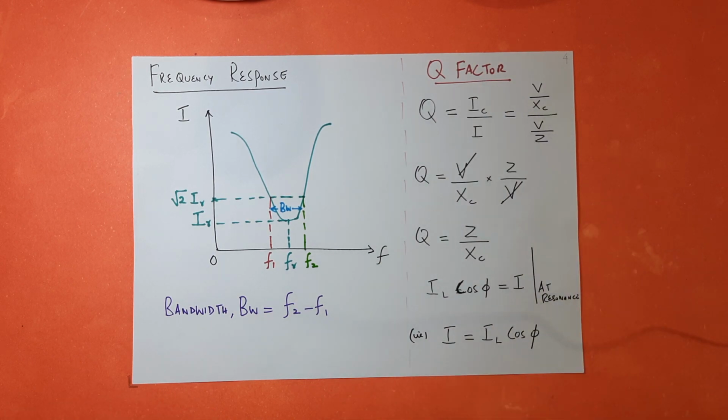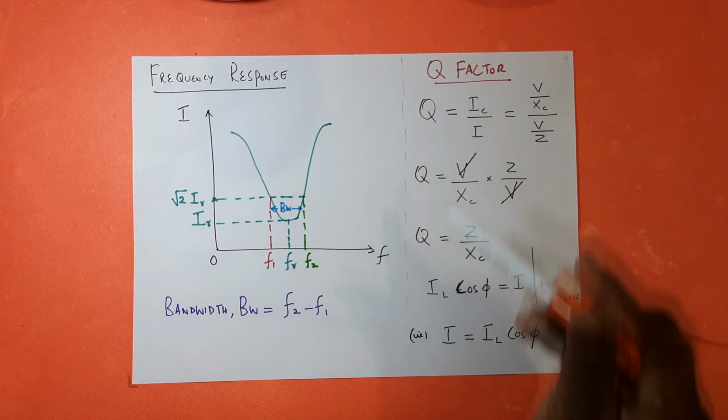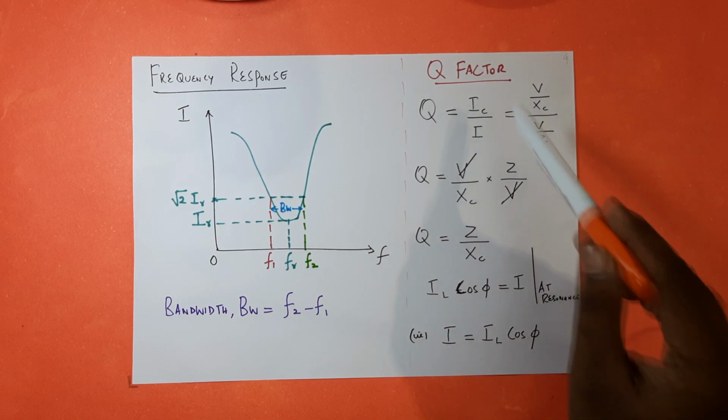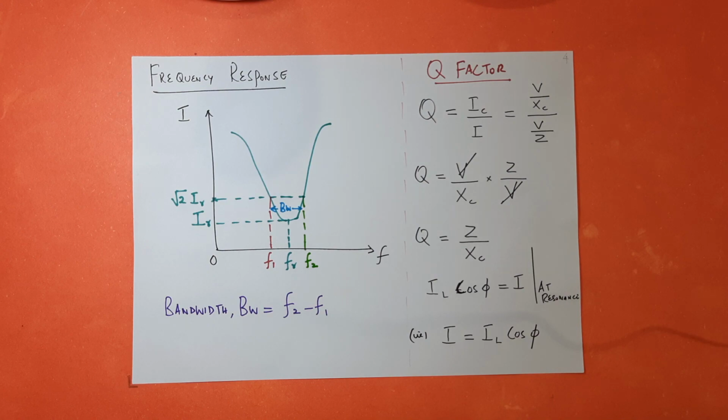Next we will go for the Q factor or quality factor in the parallel resonance circuit. So Q you can define like this: IC divided by I. IC equal to V divided by XC. I, the circuit current, equals voltage divided by total impedance, or the circuit impedance Z. So Q equal to V by XC multiplied by Z by V. V and V getting cancelled.